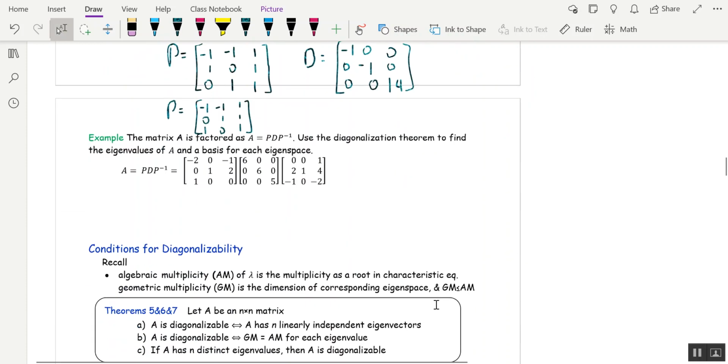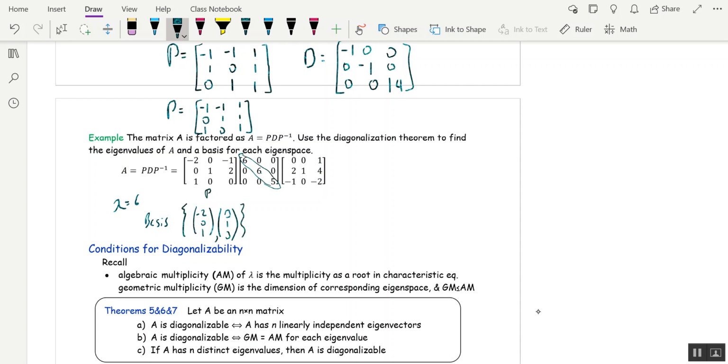Okay, we're almost done. Don't worry, no more computations, just some short answer stuff. So here's a simple one. If the matrix A is factored as P, D, P inverse, what are the eigenvalues? And find a basis for each eigenspace. So the eigenvalues are sitting right here on the diagonal of this matrix, because this is D. So lambda equals 6, that's one eigenvalue, and a basis for its corresponding eigenspace would be, since the 6 is first and second, here's the matrix P here, I want columns 1 and 2. -2, 0, 1, 0, 1, 0.